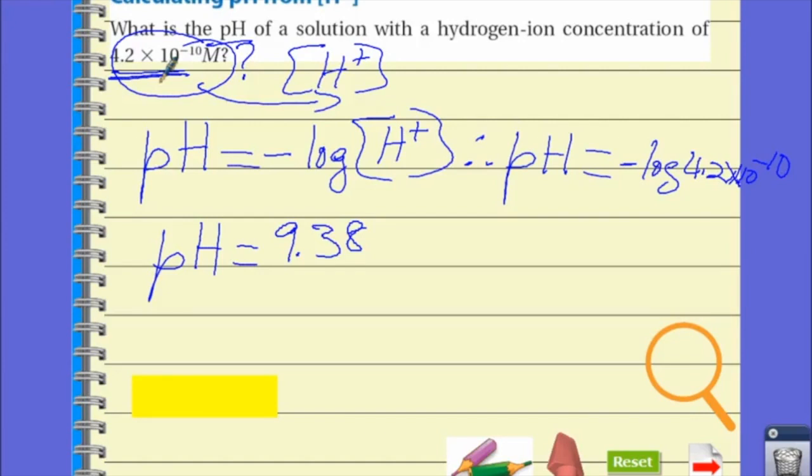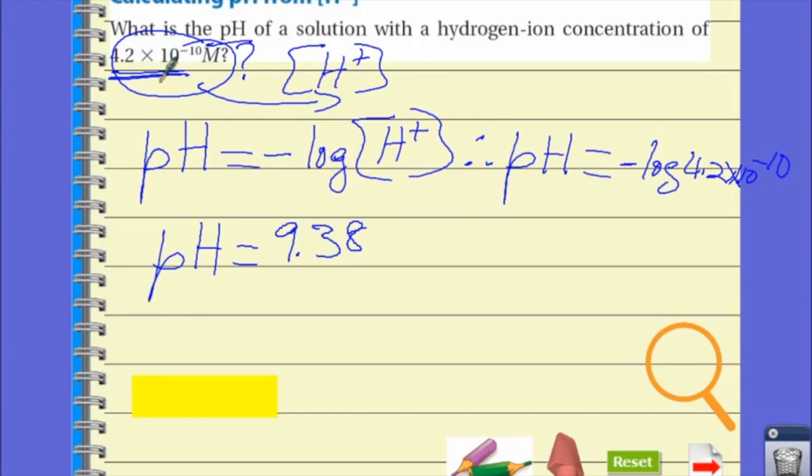Remember, we're dealing with log. Let me repeat: you don't do significant figures for pH, you check the decimal places. So you check how many significant figures are in the concentration, and that's the number of decimal places in your pH.